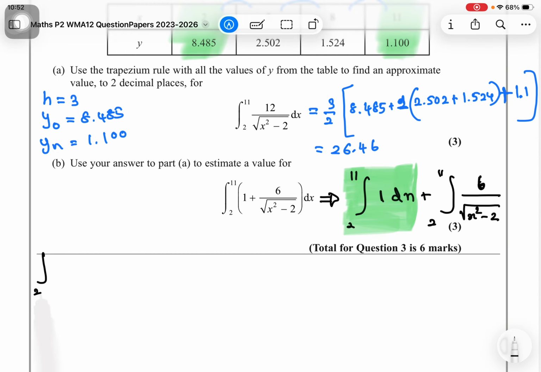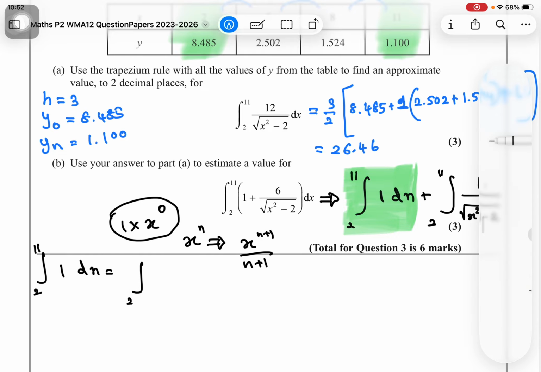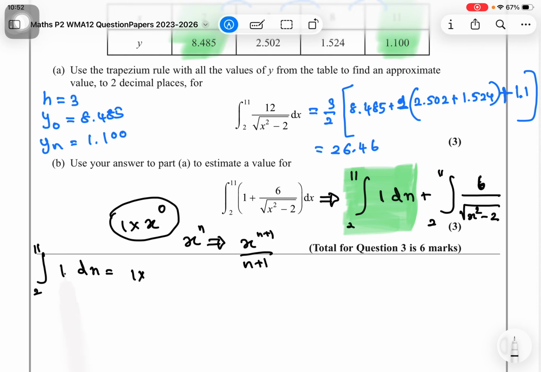This one is the integral from 2 to 11 of 1 dx. We know that's going to be 1 times x to the power 0. When you have x to the power n, we're going to get x to the power n plus 1 divided by n plus 1. So similarly here, we can just straight away integrate. 1 times this 1 is x to the power 1 divided by 1.